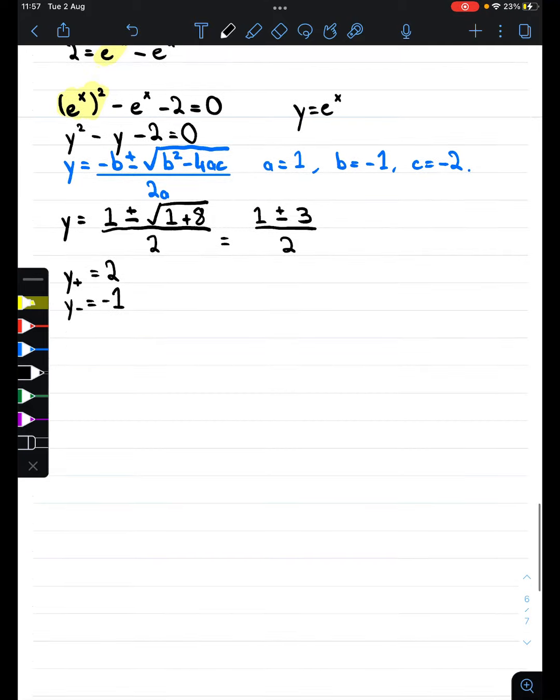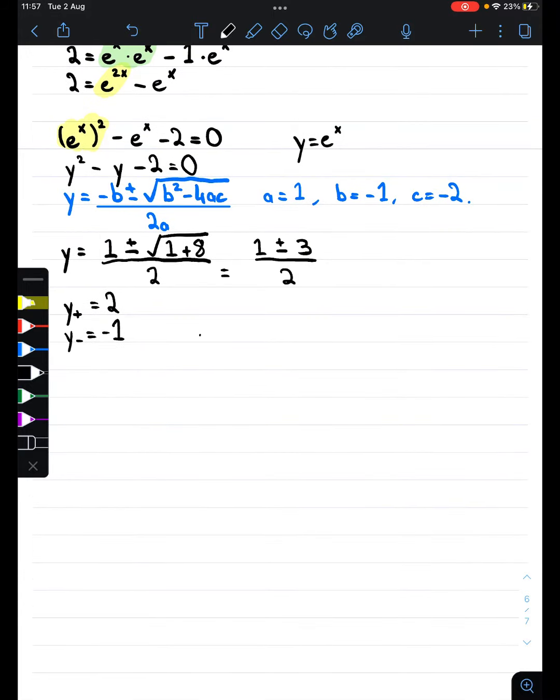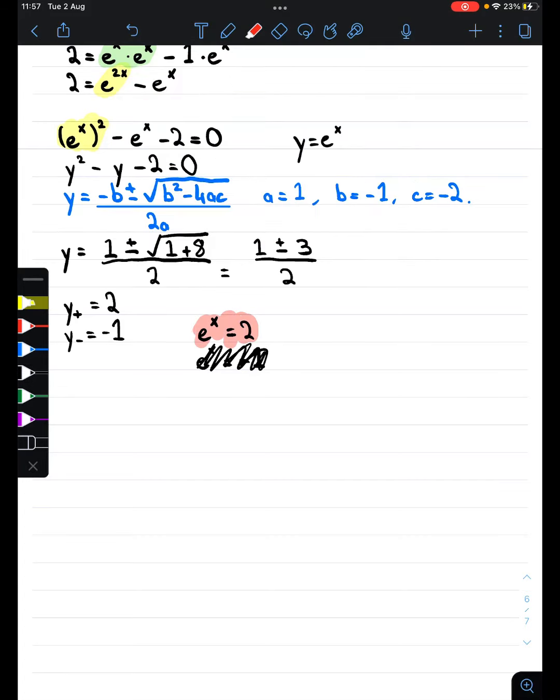Okay, well now we've got to remember that y is e to the x. So e to the x equals 2 and e to the x equals minus 1. Now we know that e to the x can't be minus 1 because e to the anything is going to be positive. So it can't be this one. So it has to be e to the x equals 2.